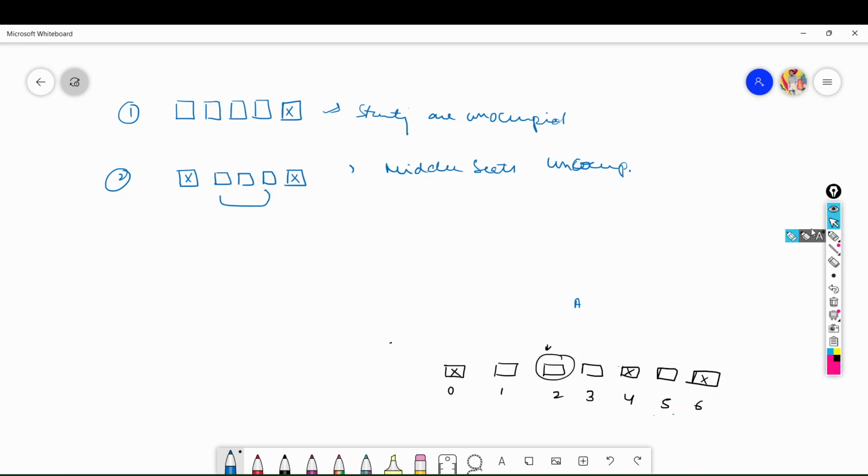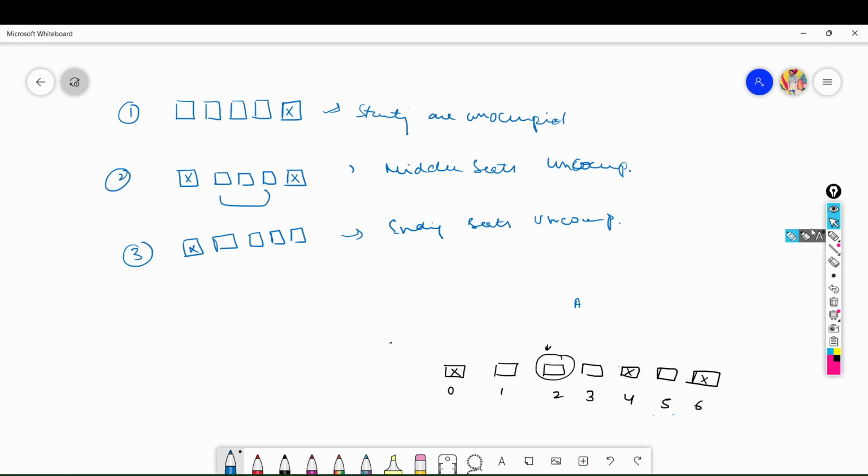The third case could be that one person is sitting at the start and the rest of the indexes are unoccupied. Ending seats unoccupied, right? So these all could be the cases in this bigger example, right?